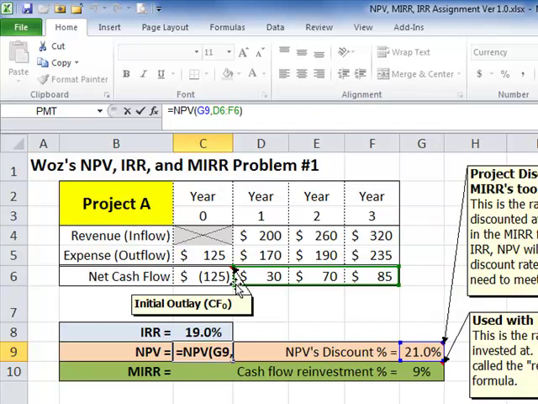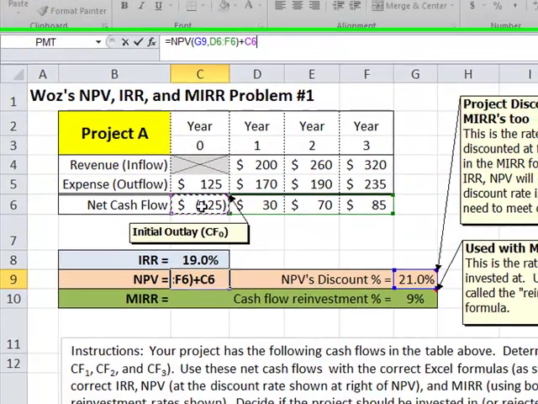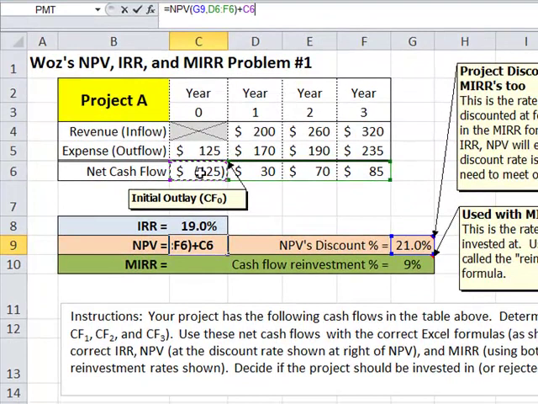So the function in Excel actually calculates PV, not NPV, even though it's called NPV. We have to go ahead again and add such that we subtract the initial cash flow. Look at this carefully. If you have any doubt, duplicate the calculation in your calculator.